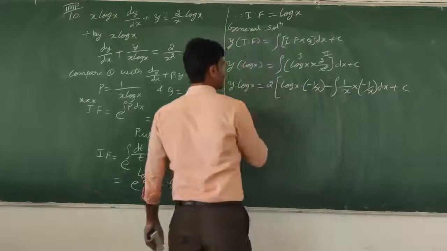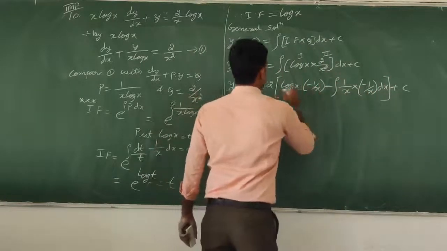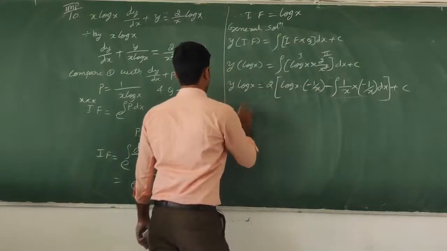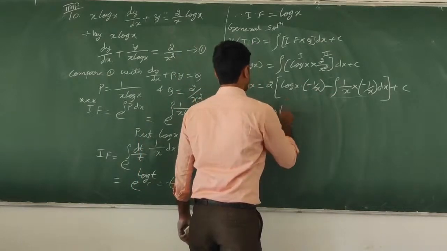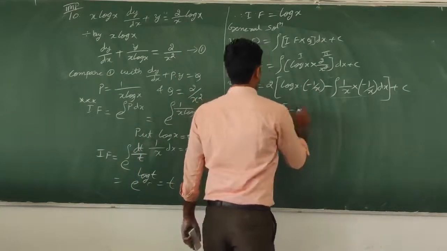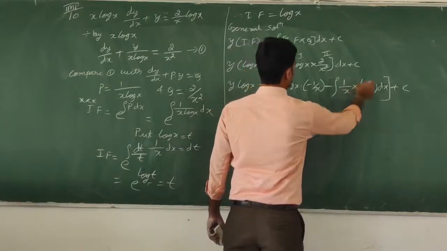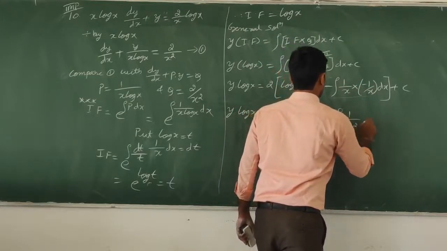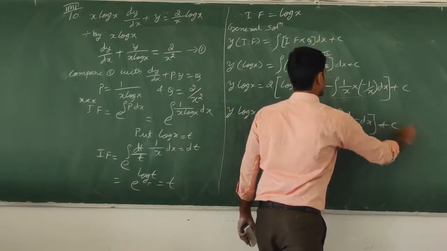So then look here, complete this, close the bracket, this 2 is multiplied for this term also. Then y into log x is equal to 2 into minus log x divided by x, minus into minus becomes plus, integration of 1 by x square, x into x is x square, whole dx plus c.